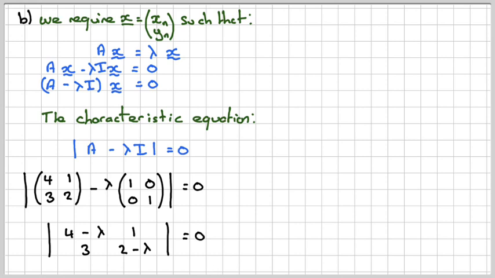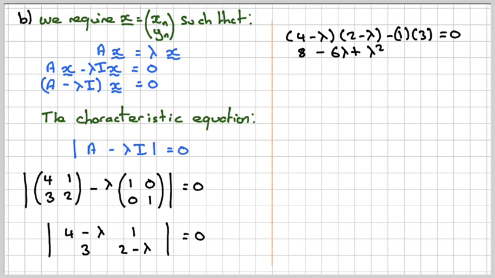So finding the determinant, that's 4 minus lambda times 2 minus lambda, minus 1 times 3, is equal to 0. Expanding, we get 8 minus 6 lambda plus lambda squared minus 3 is equal to 0, and then making that into a quadratic, we get lambda squared minus 6 lambda plus 5 is equal to 0.